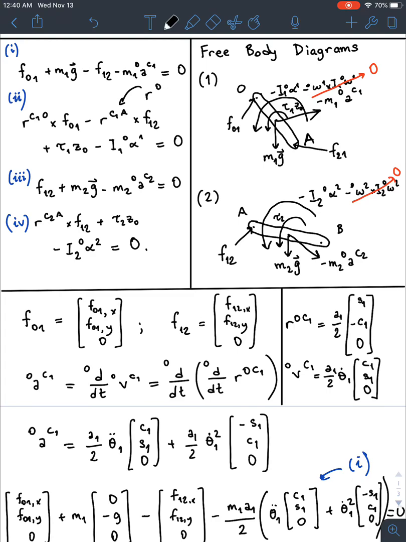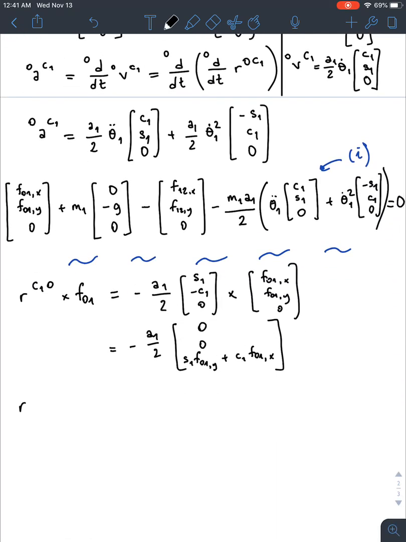And the position vector from O to C1 is exactly the negative of the position vector from C1 to O. So this is equal to the term I'm writing right now: C1A cross F12 is exactly this, but replacing F01y and F01x by F12y and F12x respectively. So it looks like minus A1 over 2, (0, 0, sine 1 F12y plus cosine 1 F12x). There you go.